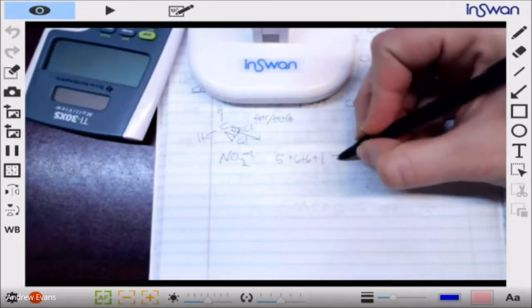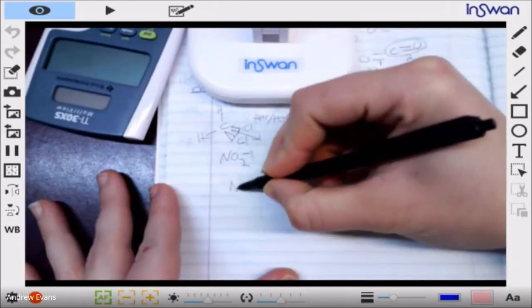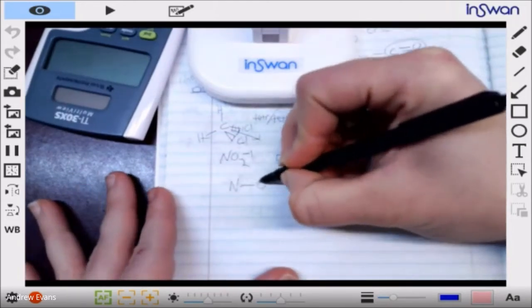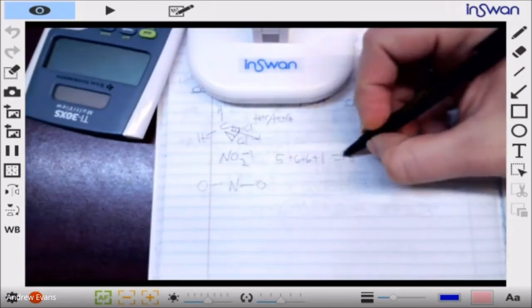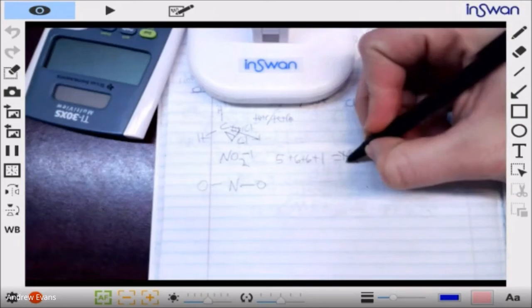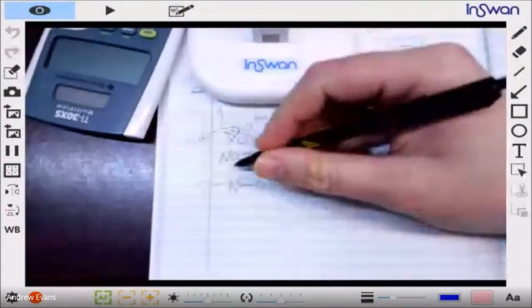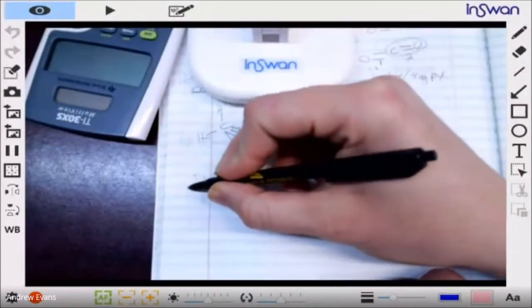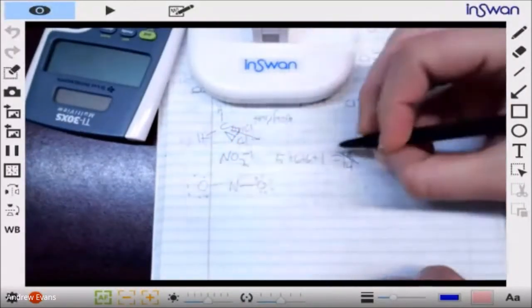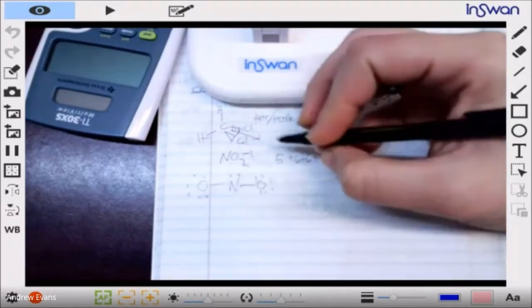So we have 18 electrons to deal with. N comes first, I put it in the center, 2 O's coming off of it. Perfect. That uses up 4. We're at 14. We put lone pairs around it: 1, 2, 3, 4, 5, 6, 7, 8, 9, 10, 11, 12. We have 2 electrons left. They go on the nitrogen.